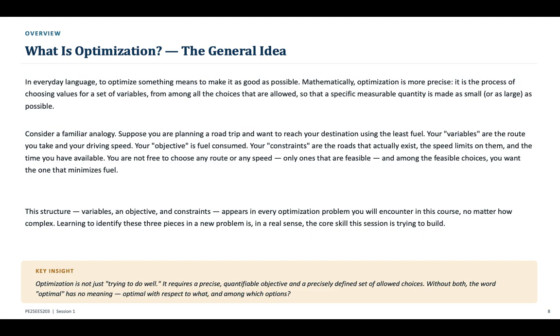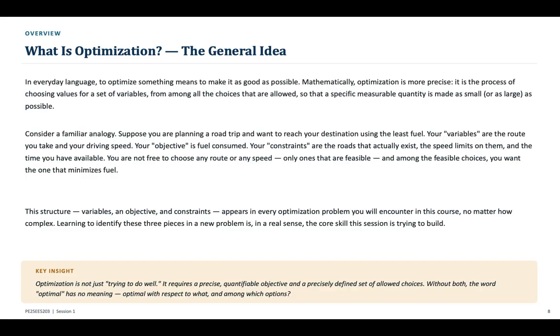So you are not free to choose any route or any speed here, only ones that are feasible, and among the feasible choices you want the one that minimizes your fuel. These variables, objective and constraints appear in every optimization problem you will encounter in this course, no matter how complex.